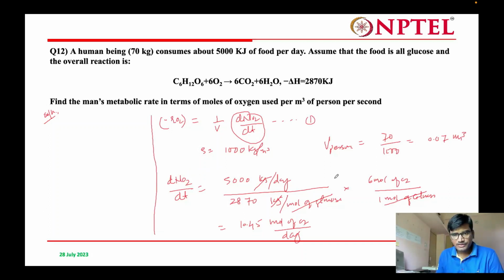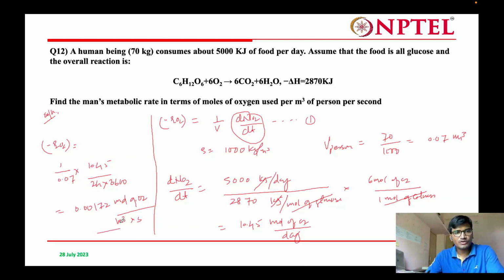Now put this value in the equation: 1 by 0.07 times 10.45, and convert day into seconds, 24 times 3600. This gives 0.00172 mole of O2 used per meter cube of person per second.